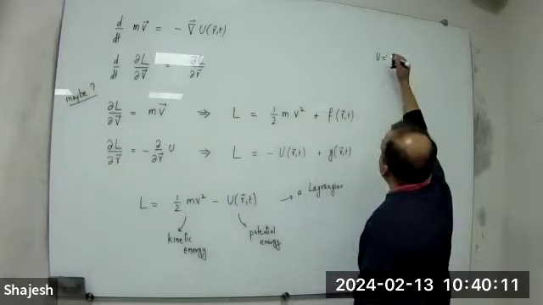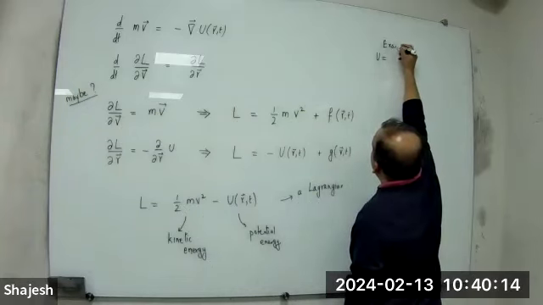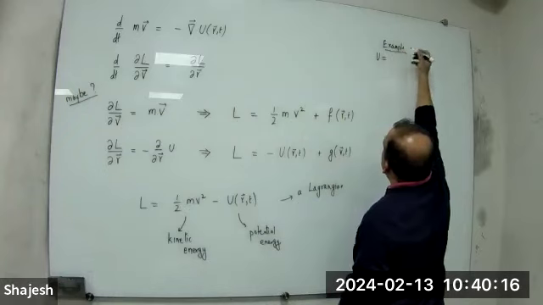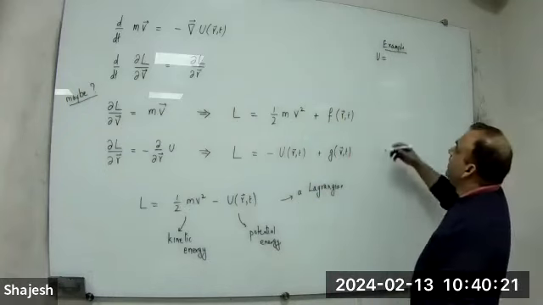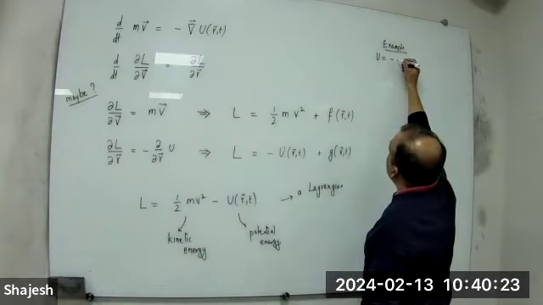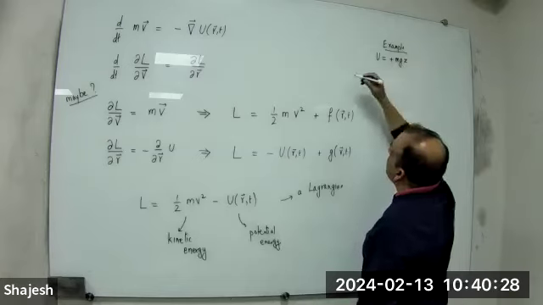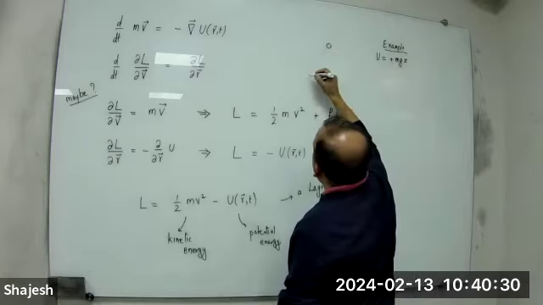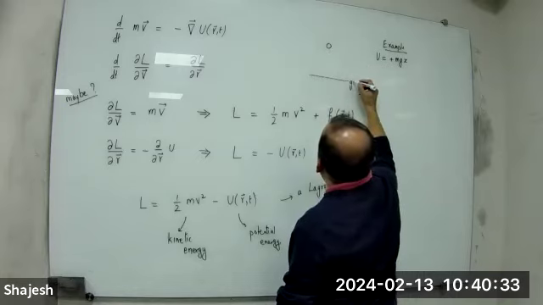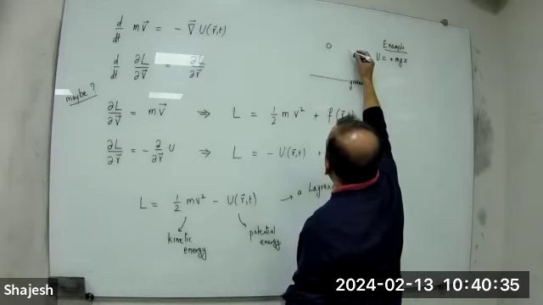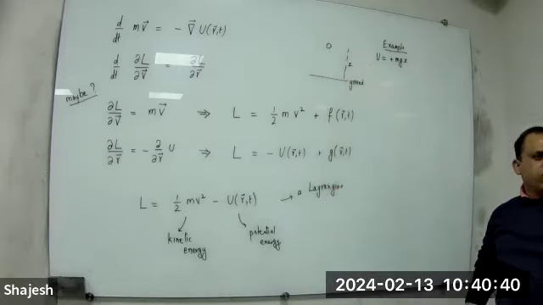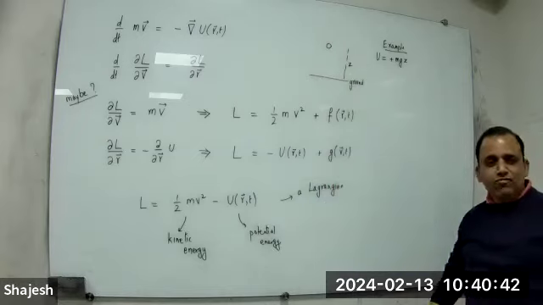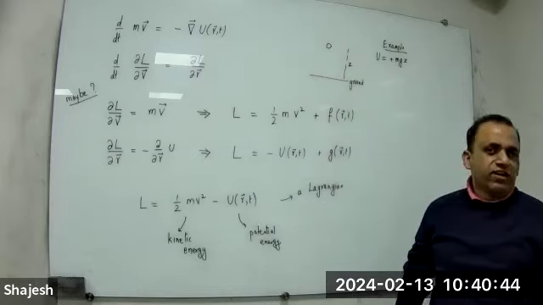So let's do an example: something falling in air. I drop a small ball in air. Its potential energy is plus mg z, with z measured from the ground. The ball is moving in vacuum, let's say the air resistance is neglected.